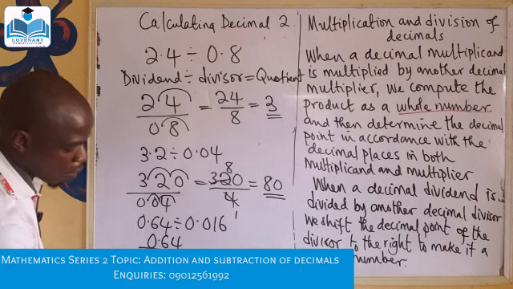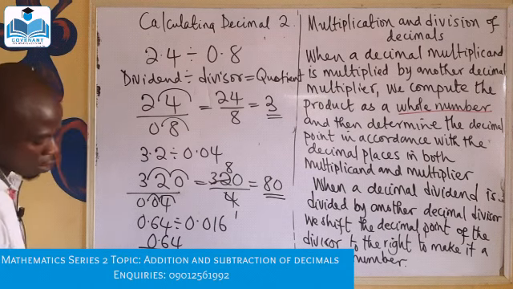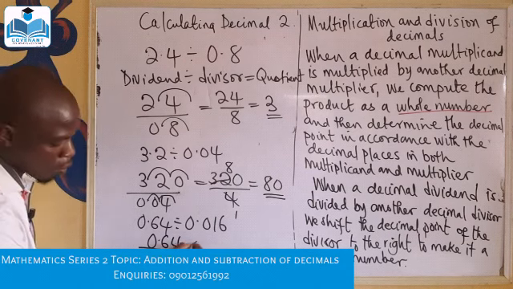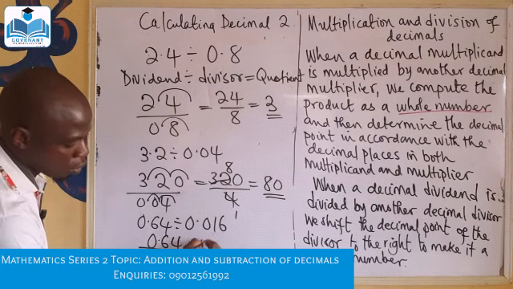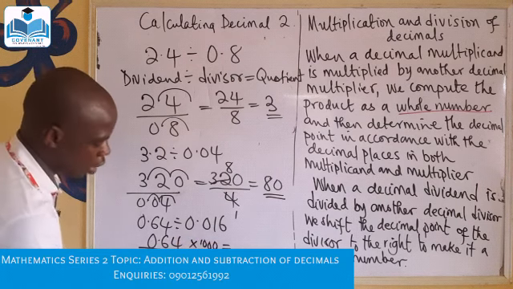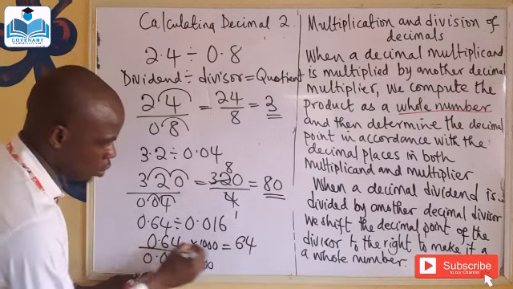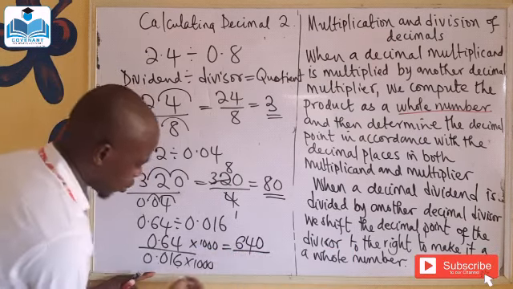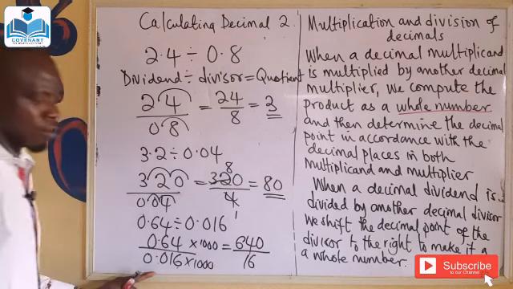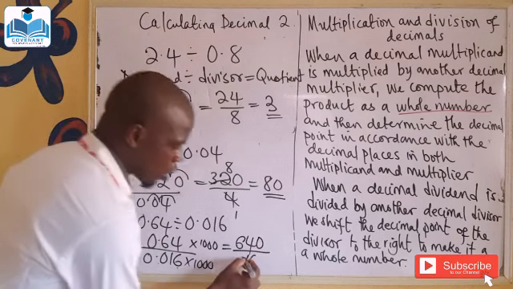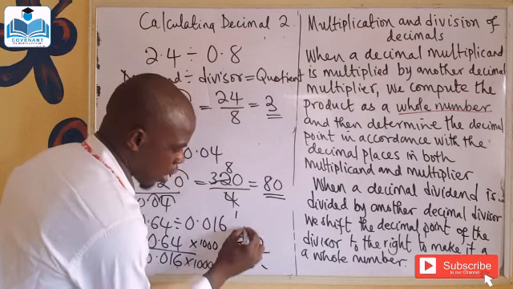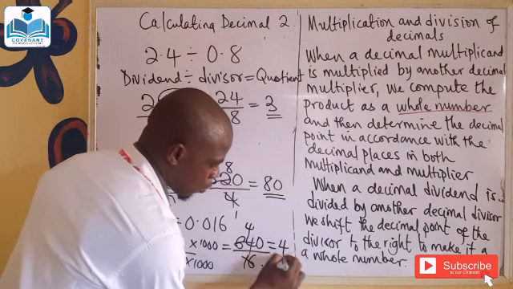You can say multiply this by 1,000, 3 digits. Then you come to the numerator also and do the same thing, 1,000. So what will that give us? This is going to be 640. And this one gives us 16. Then you do your division. 16 goes there 4, and that gives the answer 40.